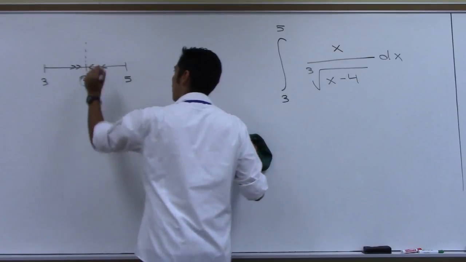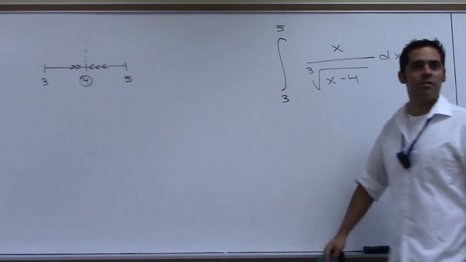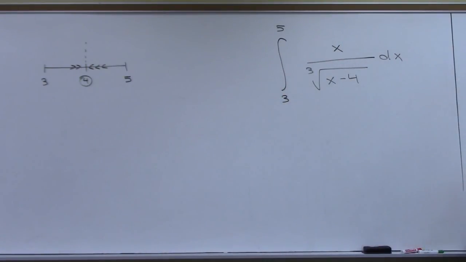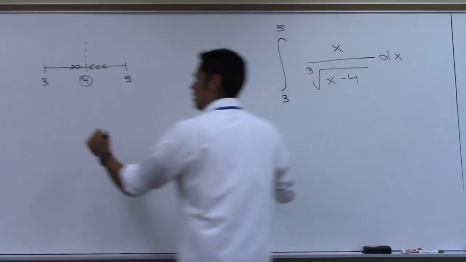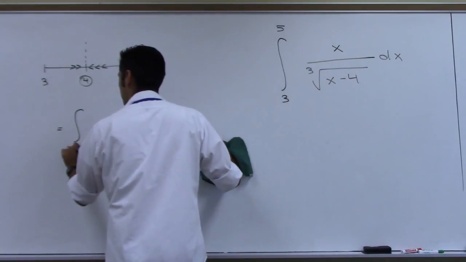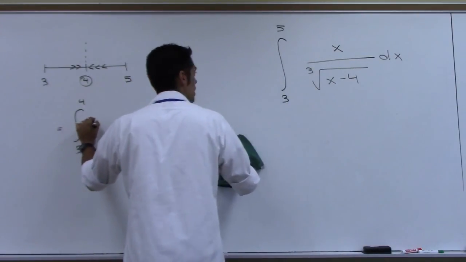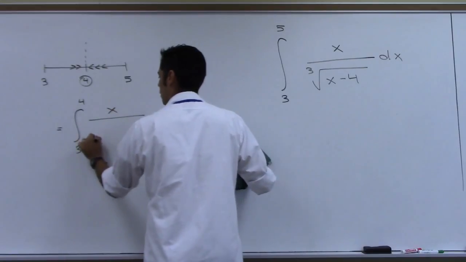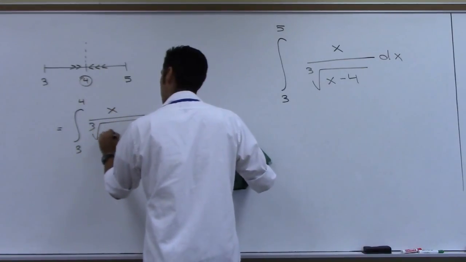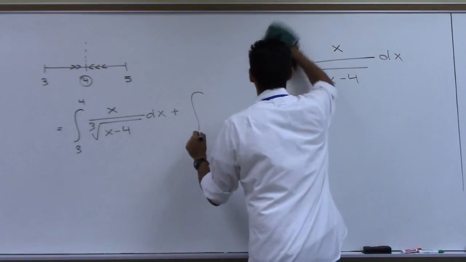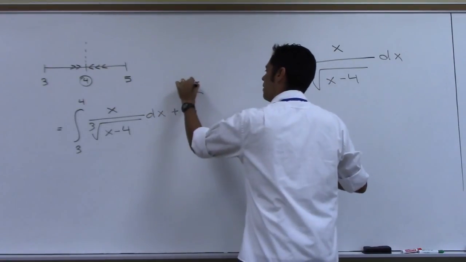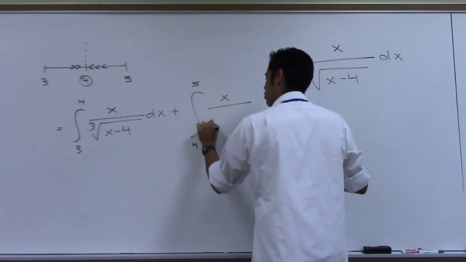Guess what that means you're going to have to do? Two integrals. You have to split it up into two integrals. So this integral actually becomes the integral first from 3 to 4 of the function, and then plus the integral from 4 to 5 of the function.